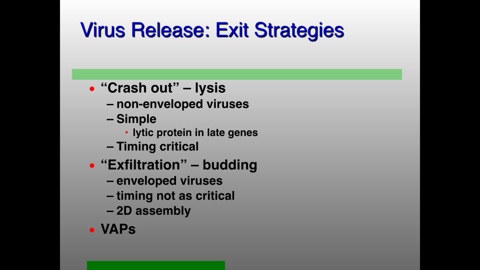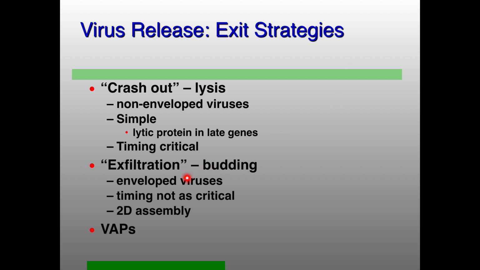And so usually with these naked virions, they're going to be released by some kind of hole or, again, in many cases, particularly for the bacterial viruses, just completely blasting open the cell itself. As we talked about before, the really important aspect about this is making sure this happens at the right time after all of your infectious virions have been made.